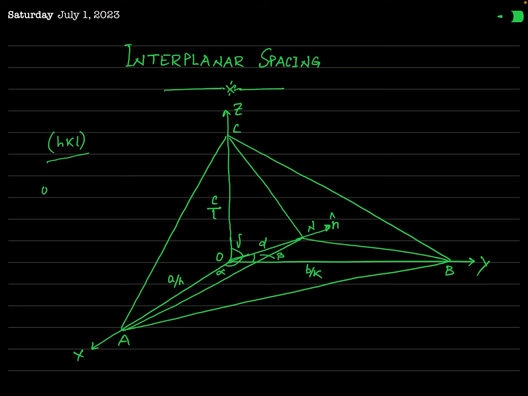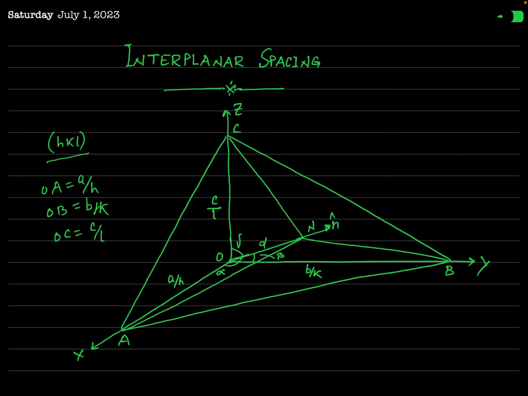Since the Miller indices are HKL and the lattice constants are a, b, c, the intercepts are OA equal to a by h, OB equal to b by k, and OC equal to c by l.